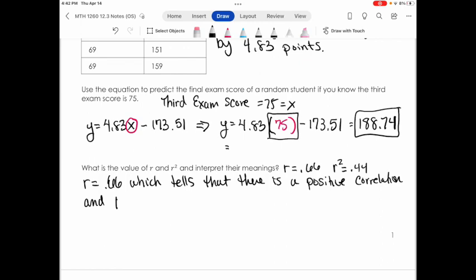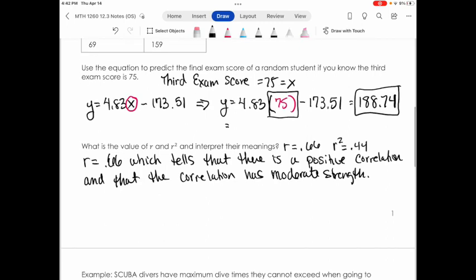And that the correlation has moderate strength. It's not in the 80s and 90s, which would be a really good correlation. It's not really low where it's weak, like where it's 0.3 or 0.4. It's somewhere in the middle. So I would describe this as having a moderate strength.